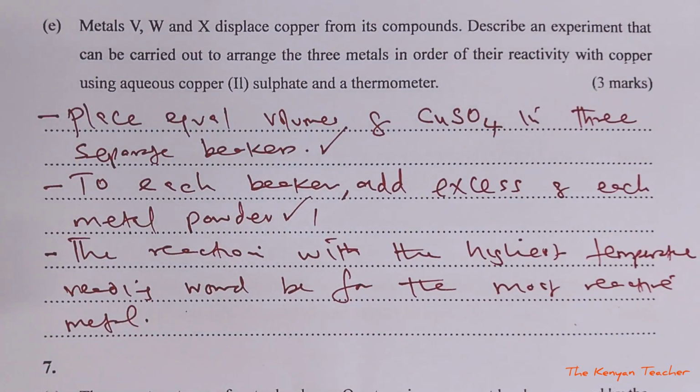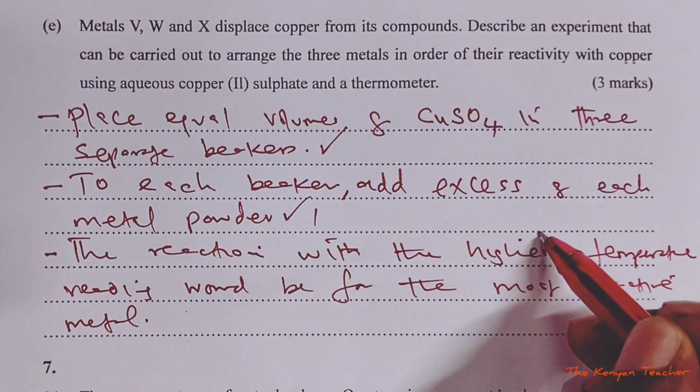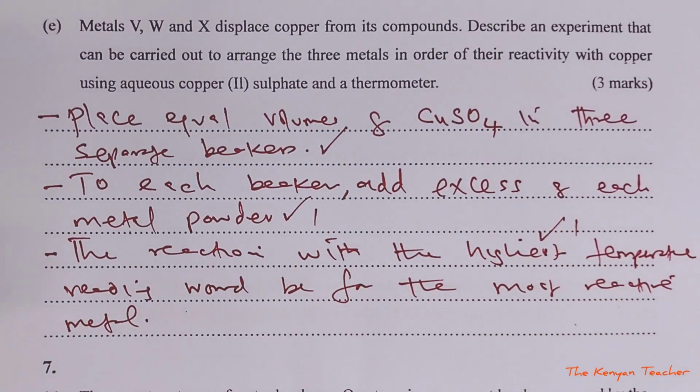So the second highest temperature you record would be for the next metal, and of course the lowest temperature would now represent the least reactive. So that would award ourselves the last mark, totaling 3.